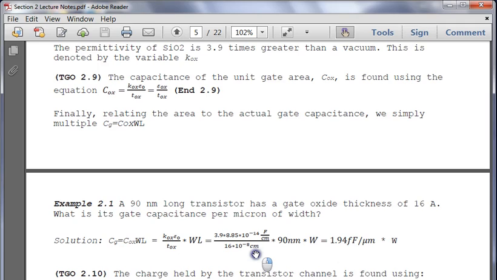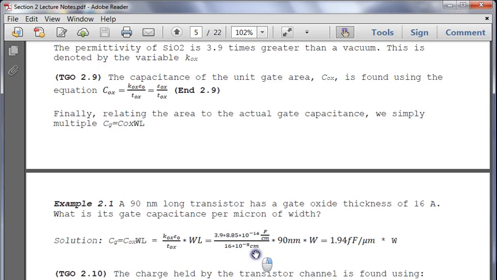So the phrasing of the question is, what is the gate capacitance per micron of width? We've defined that the length of the transistor is equivalent to the size of the polysilicon. So now we know the difference between source and the drain. We use that as our one variable.